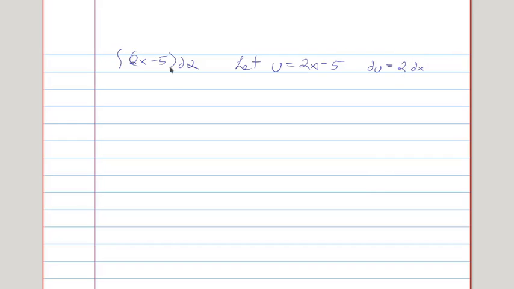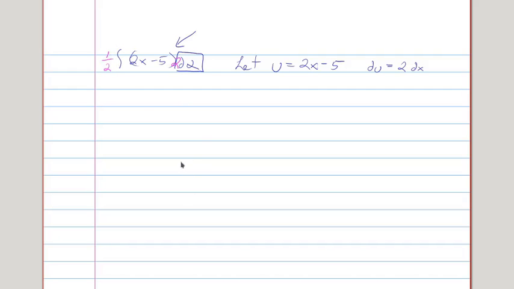Now what we're looking for is a 2 dx in our original function. But we don't have a 2 dx, we only have dx. So I can give myself a 2 dx. Whenever you need that constant, you can always just throw it in there, as long as you pay for that somewhere else.